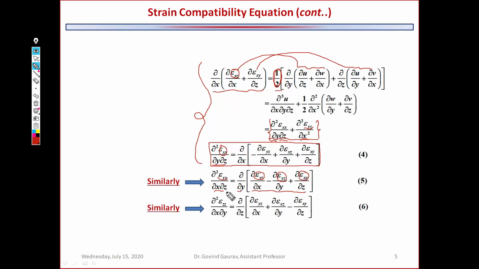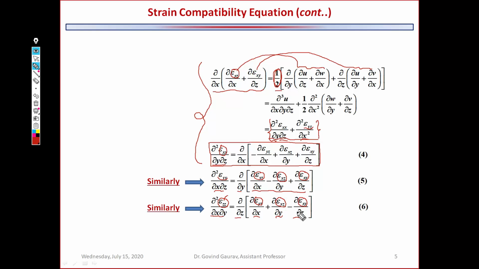Similarly, if we carry out similar formulations, we will get the values of the normal strains, which is the double partial derivative of epsilon naught zz with respect to x and y. We will get the partial derivative with respect to z, which is multiplied by the partial derivative of epsilon naught yz with respect to x, the partial derivative of shearing strain xz with respect to y, and the partial derivative of epsilon naught xy with respect to z.